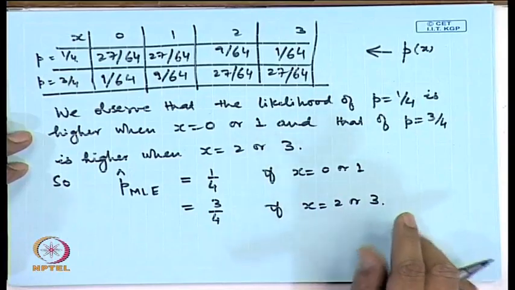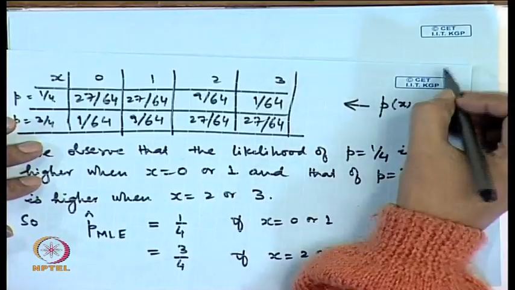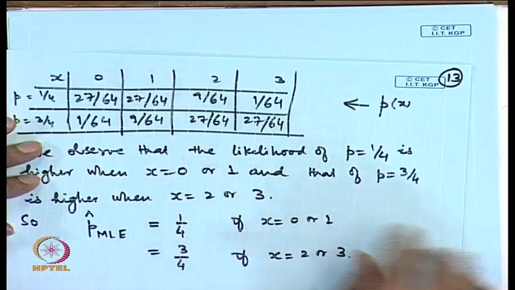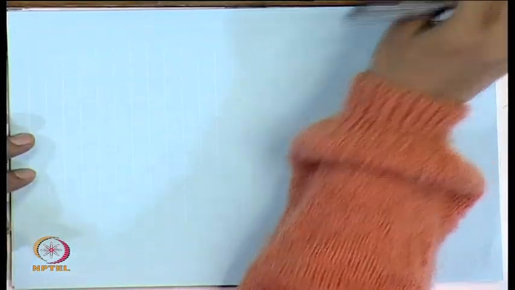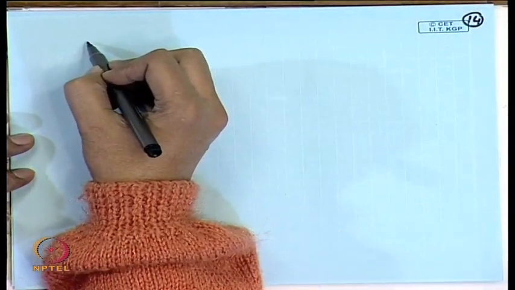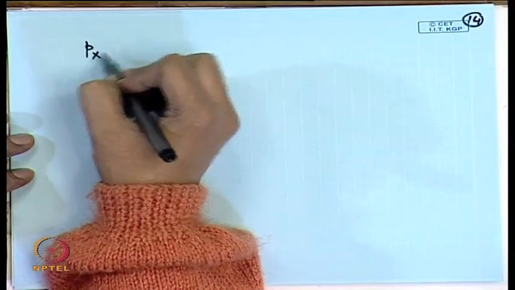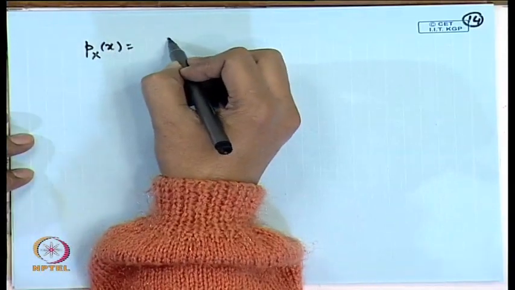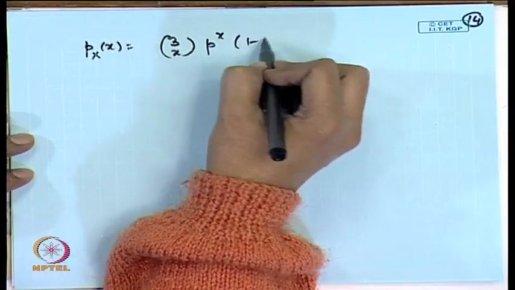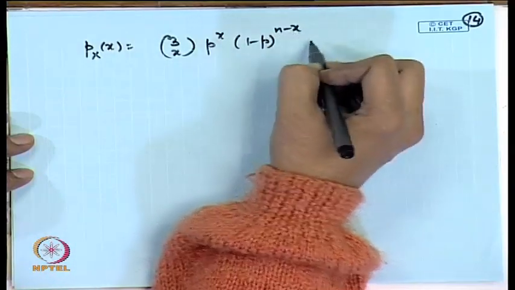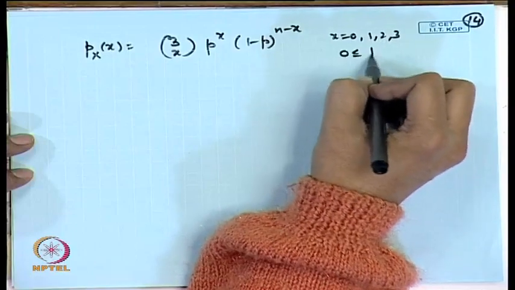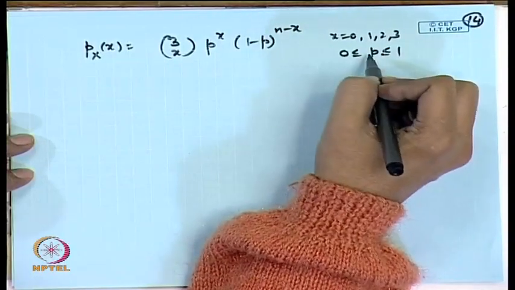That means, in general, if we did not have this information that p is equal to 1 by 4 or 3 by 4, then the problem would transform like this. I am having my function p x as 3 c x p to the power x, 1 minus p to the power 3 minus x, and now here p is any number between 0 and 1.